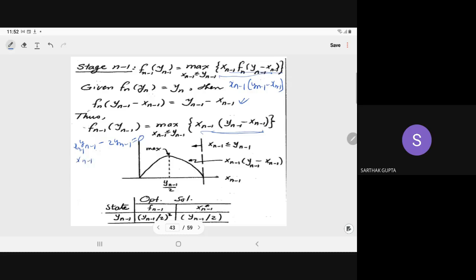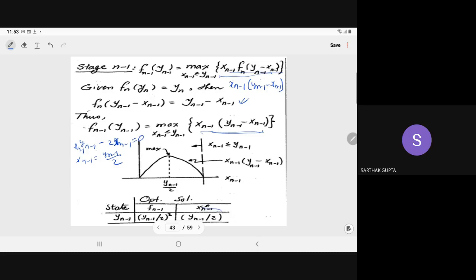So xn minus 1 will become yn minus 1 upon 2. So that is written here.